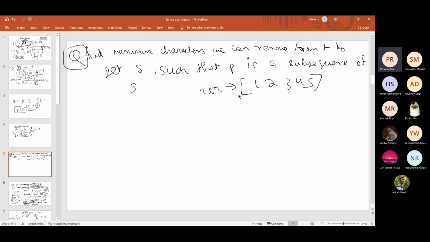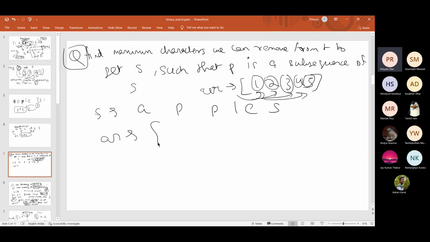This would tell us in which order we need to delete the elements, right? So we need to delete first element, second, third, fourth, fifth, in this order.